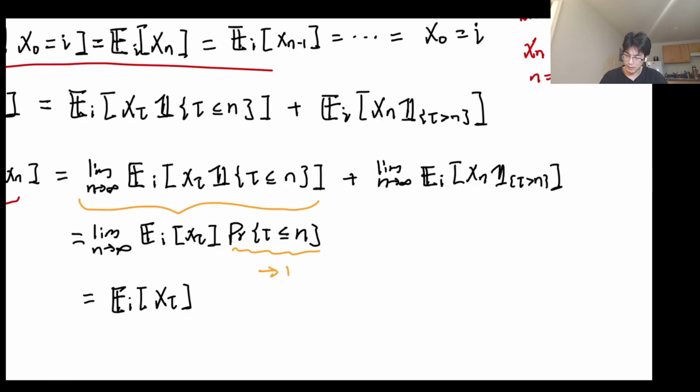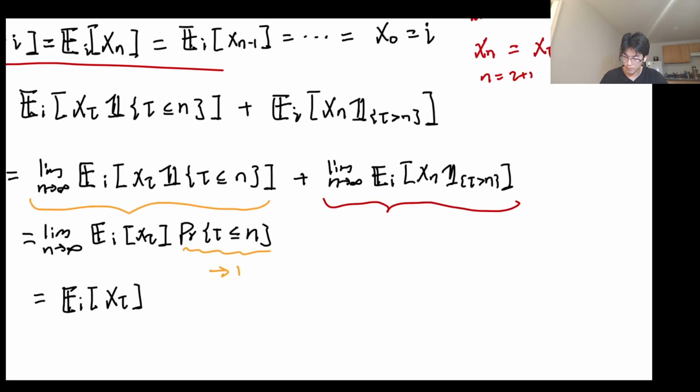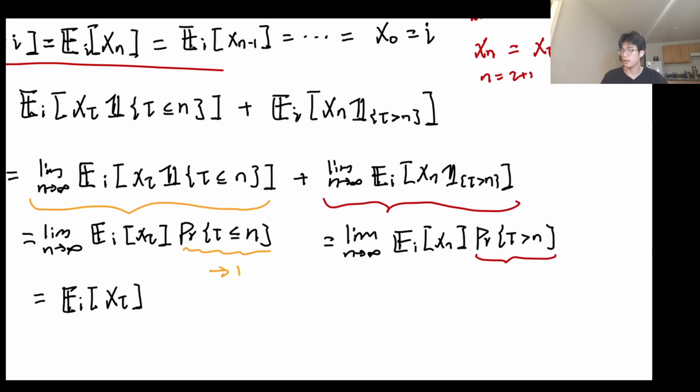And what happens with the second equation? We do the same trick, right? As the limit of n approaches infinity, expected value of I, xn, times the probability of tau greater than n.